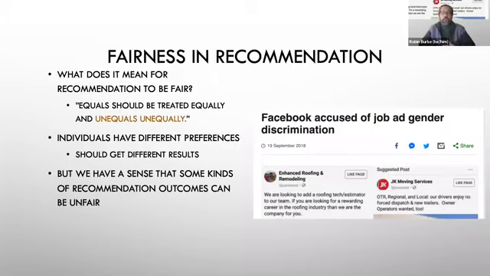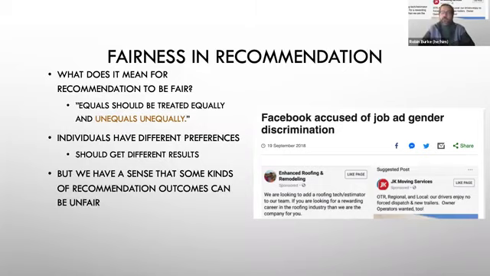So the first question you might think about is, well, what does it mean for recommendations to be fair? Our basic idea, here's the quote from Aristotle about fairness: equals should be treated equally and unequals unequally. We have the sense in recommender systems, everybody is different, they're entitled to different preferences, so they should get different results.